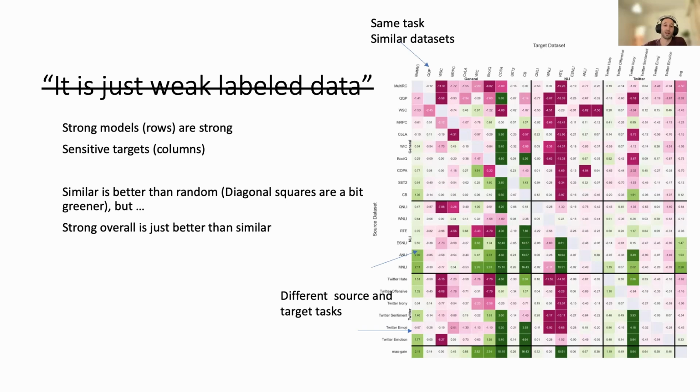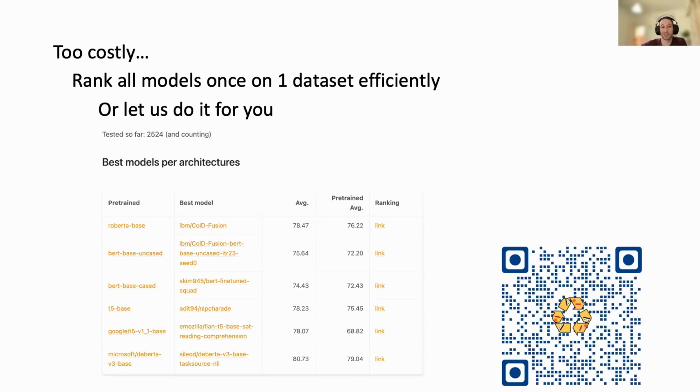So the only thing that is left to do is to go over all of the models and try them. But that is a bit costly. You wouldn't want, for your one task that you just wanted to do on the side, to go out there and fine-tune the 1,000 Robertas. So one thing is that we found a way to approximate it and do it more efficiently. But even less costly is to let someone else do it.